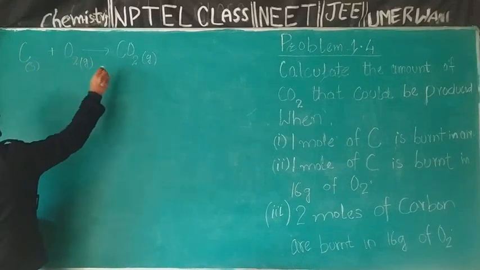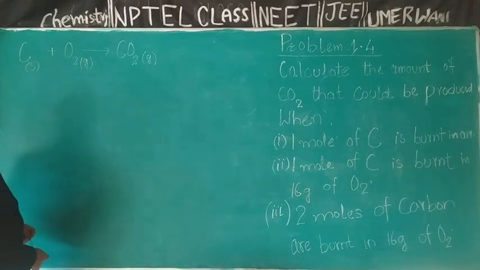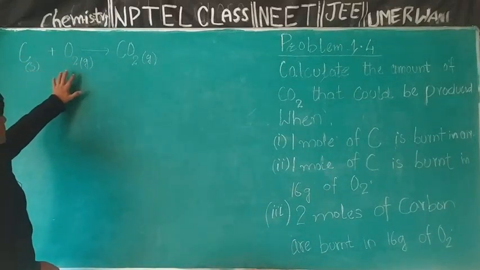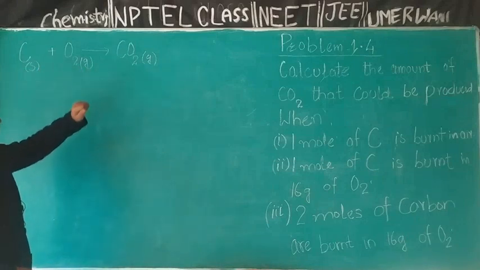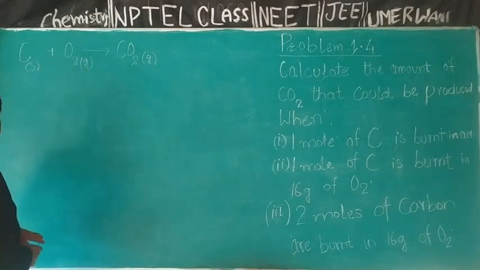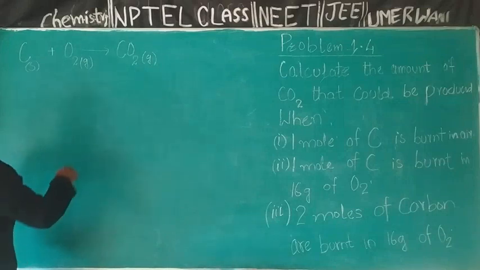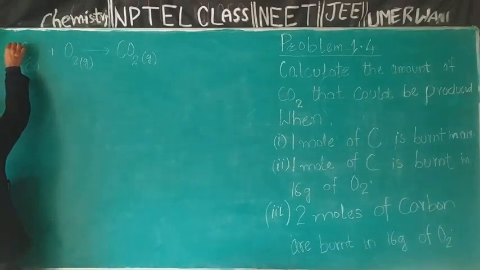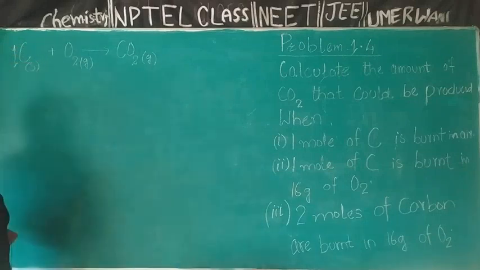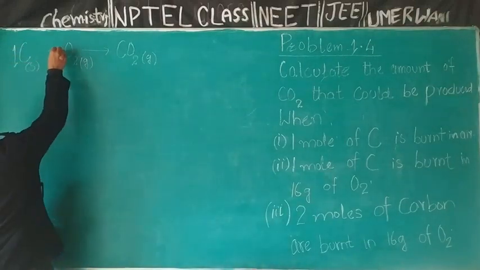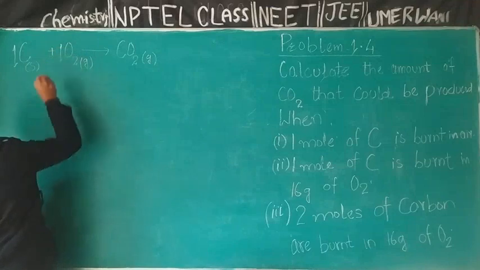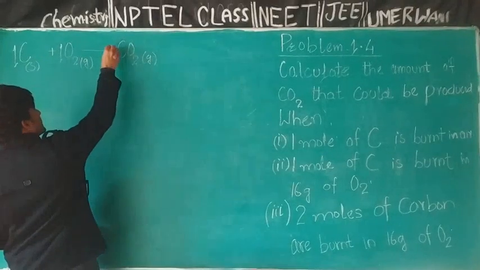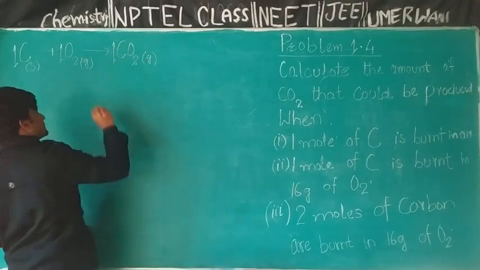See, this is a balanced chemical equation. The number of carbon and oxygen atoms on the reactant as well as the product side are equal, and in the balanced chemical equation, the stoichiometric coefficient of carbon is 1, of the dioxygen molecule is 1, and of the carbon dioxide molecule is 1.